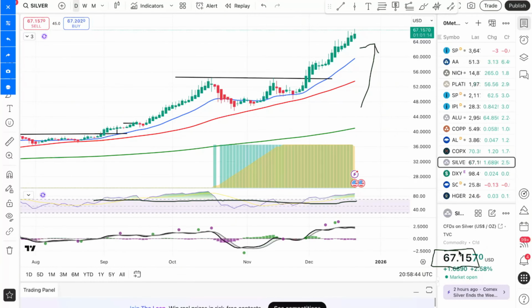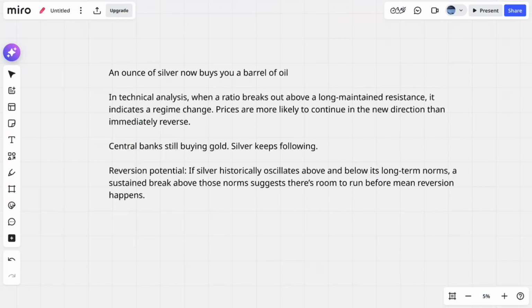Silver is going much higher even from here, and this was my reason for emphasizing the price of silver. I think these are very strange times, but you have to go where the money is going. You have to follow the money if you want to make big moves in your portfolio.